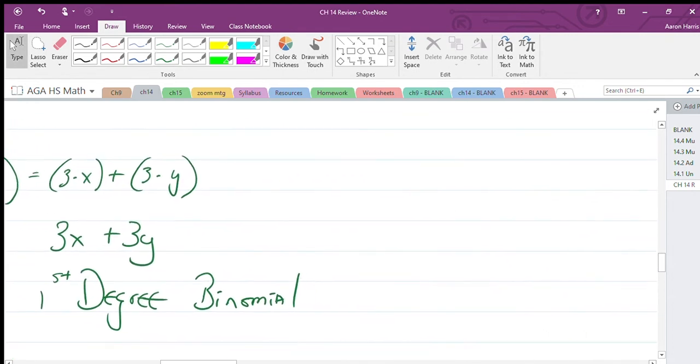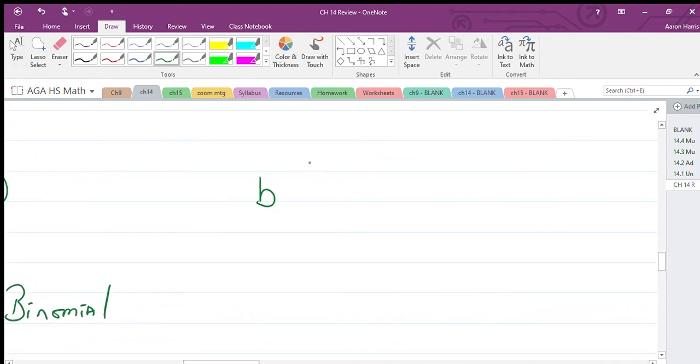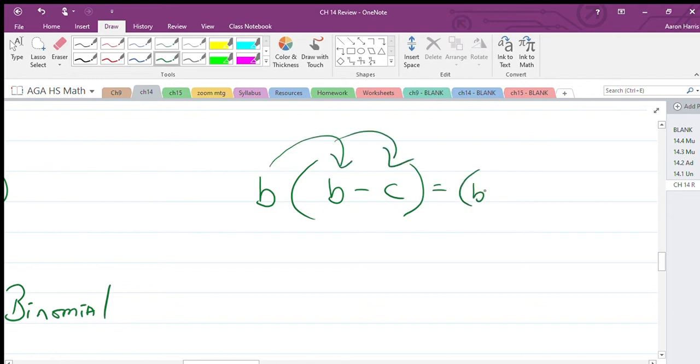Okay. What if it's b, and I put b minus c? What is that equal to? Well, I distribute into both. So I get b times b plus b times negative c. B times b, this is the first power.